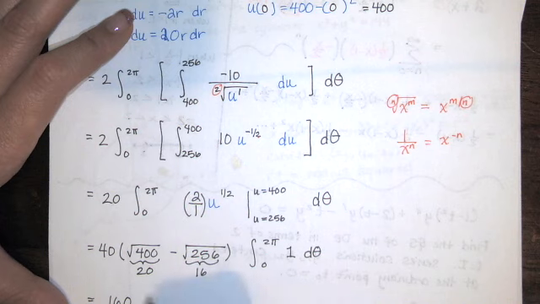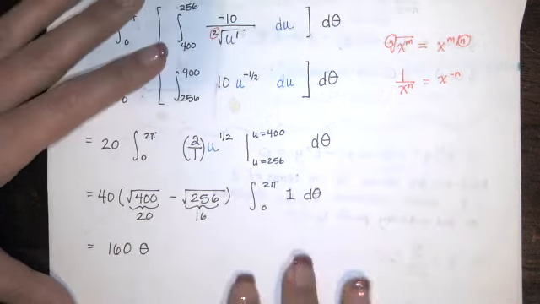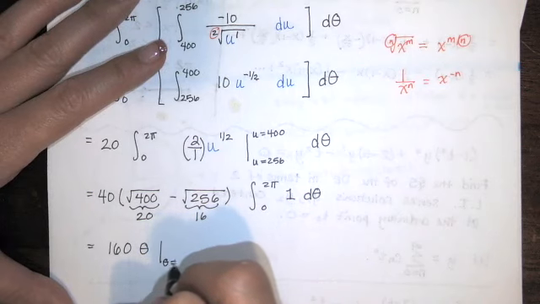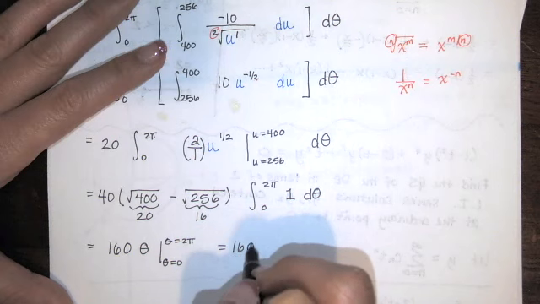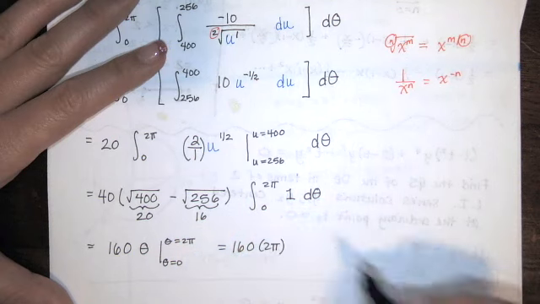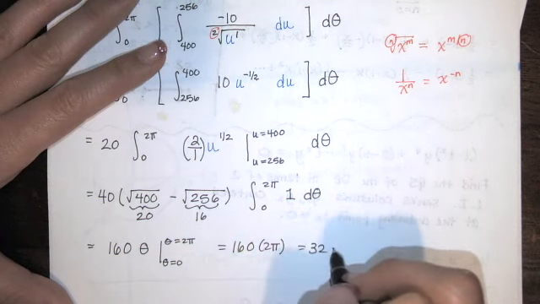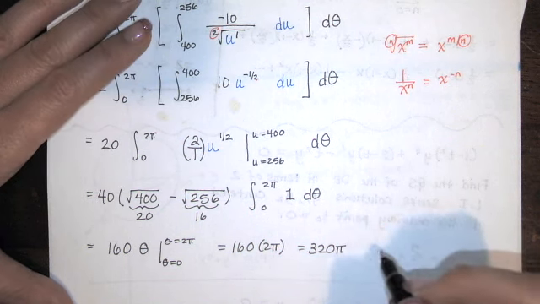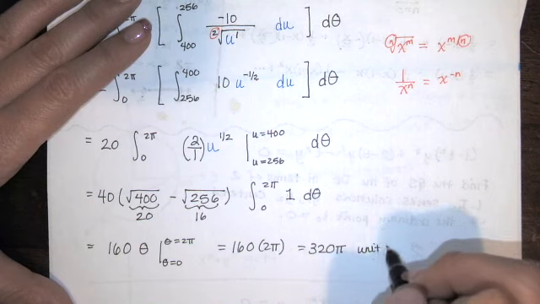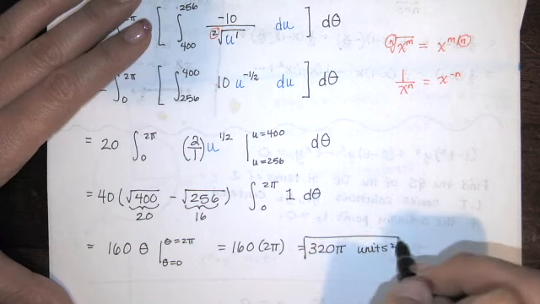And we are evaluating this integral of 1 with respect to theta. So we just get theta. And we evaluate from theta equals 0 to theta equals 2 pi. So we get 160 times 2 pi minus 0, or 320 pi. And this was surface area, guys. So that's units squared.